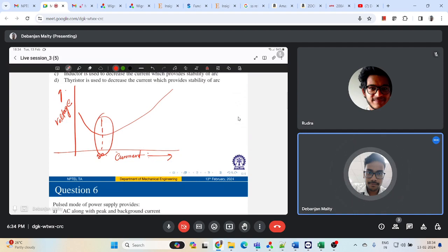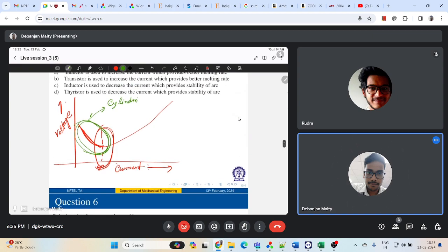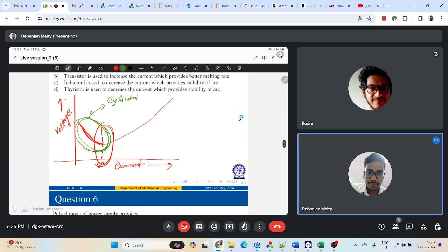So what is happening is that up to this much current, where the voltage is getting reduced, the shape of the arc is almost cylindrical in nature. So till this region, there will be a cylindrical arc.